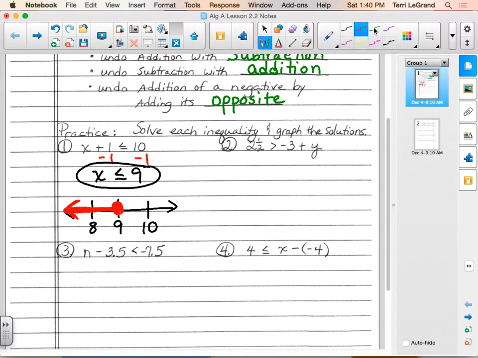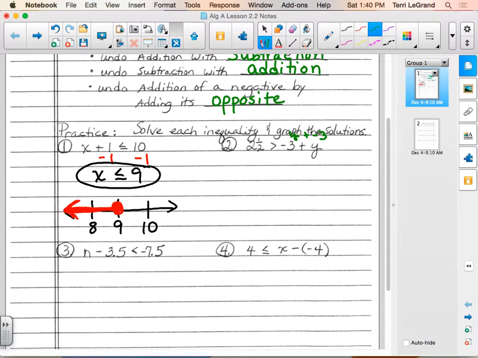Okay, in number 2 we have 5.5 is greater than negative 3 plus y. Now remember, we can read addition backwards. It means the same thing as y plus a negative 3.